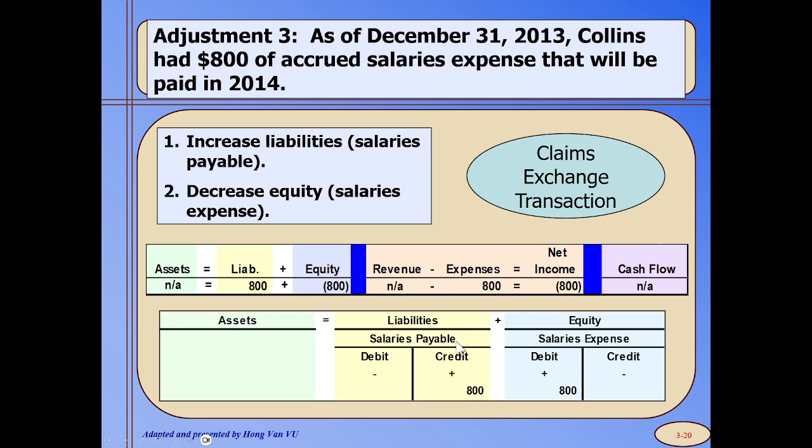We have salaries payable with an increase on the credit side, and the salaries expense with a debit. In this transaction, you can see there are two salary accounts: one is a liability, which we call salaries payable, and the other is related to equity, the salaries expense.